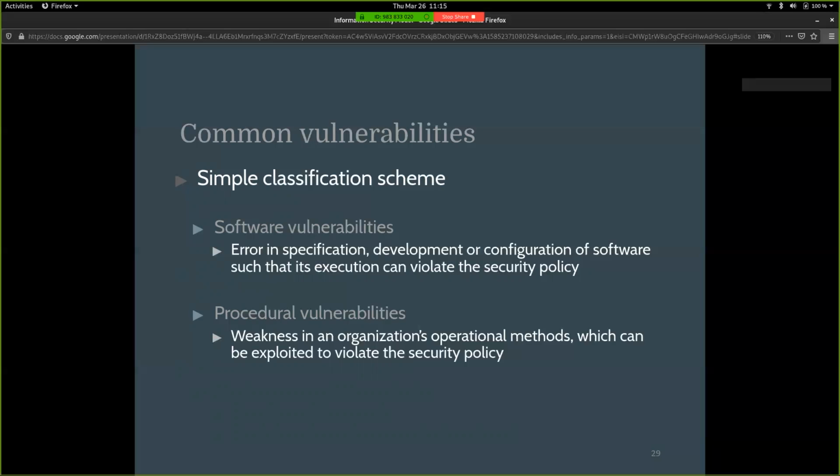So are you not keeping track of the people who are entering and exiting your data center? Or are you only allowing an individual to go into your data center one at a time without being accompanied by somebody else? And are they prohibited from taking pictures in that data center? So those are mostly procedural vulnerabilities that you can think of as well.